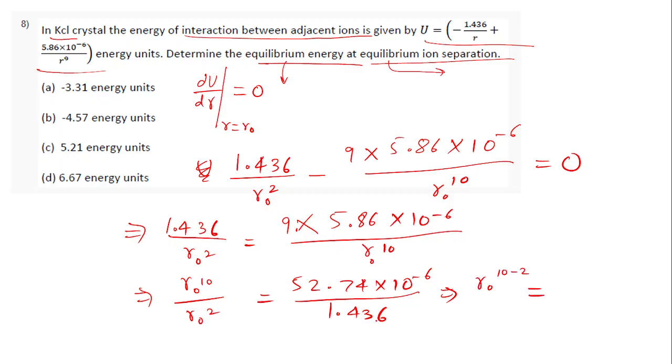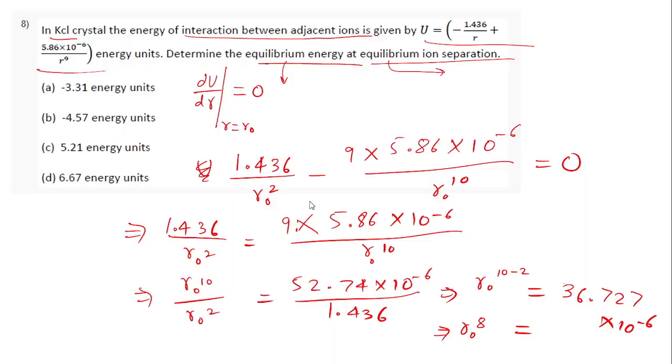On this side, when I calculate 52.74 divided by 1.436, it will be 36.727 times 10 to the power minus 6. This will be R naught to the power 8. R naught to the power 8 is this. So when I want to find R naught, that means I have to take the 1/8 power on both sides.